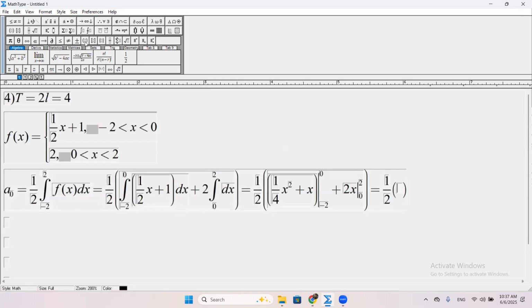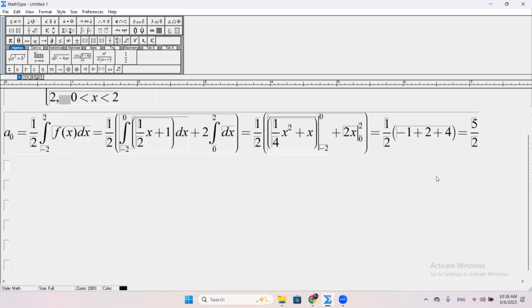So if I substitute here 0, I will receive 0. And what about -2? So -1 plus 2, plus 4. So 5/2. So everything is correct.